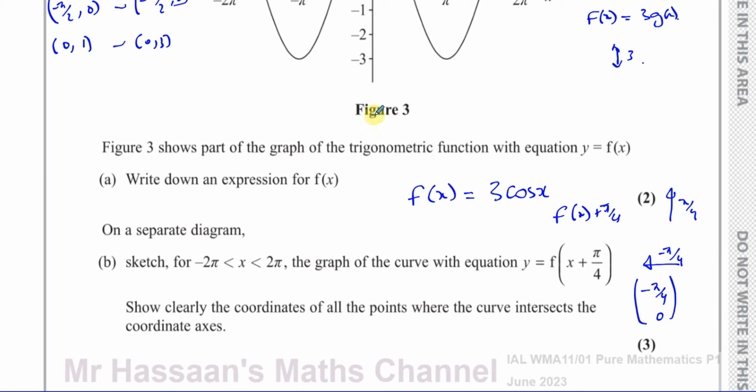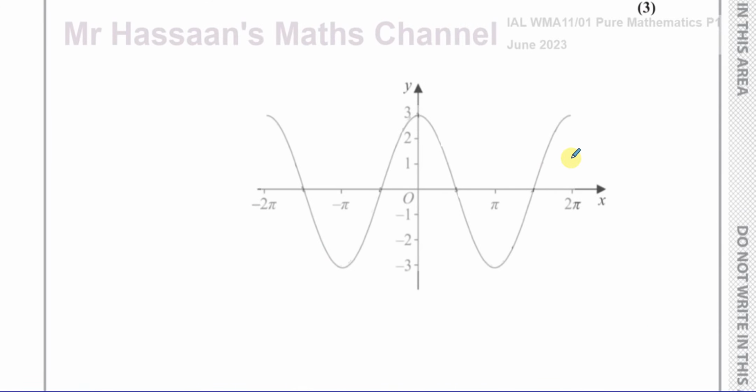So if we look at the original curve like this, this is y equals f of x. This is the original curve. If we're going to draw y equals f of x plus pi over 4, all the y coordinates will remain the same.